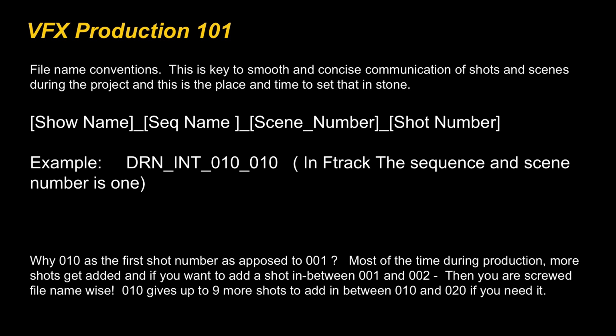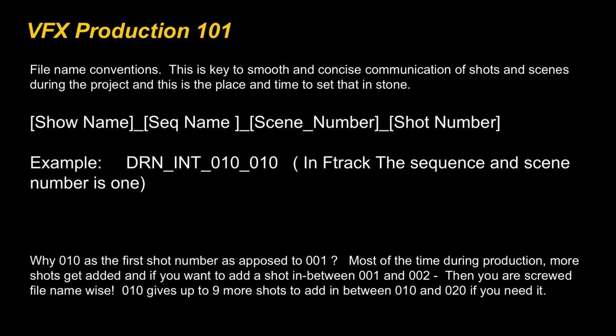And if you want to add shots in between 1 and 2, because things happen during editorial, they are re-editing and inserting shots in the edit. Therefore, if you're working on a sequence of shots 1, 2, 3, and they insert a shot between 1 and 2, you can't call something 1.5 or 1.3, because it just doesn't work with naming conventions, and even software doesn't like having decimal points in between things.